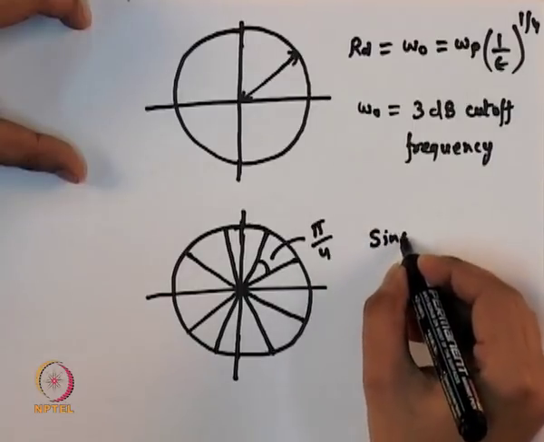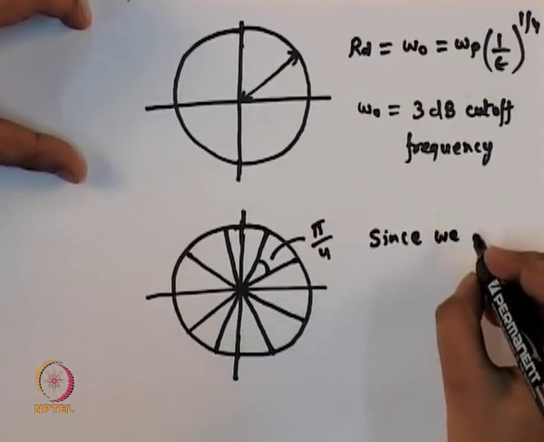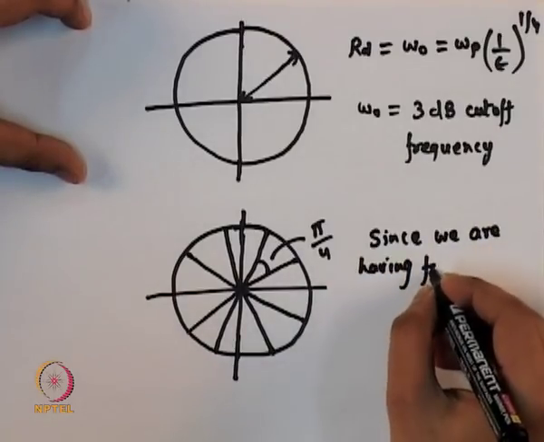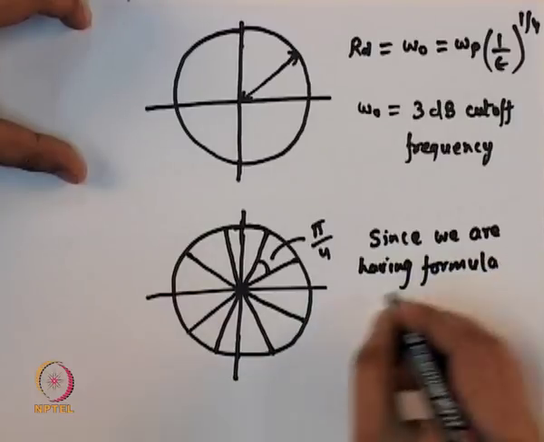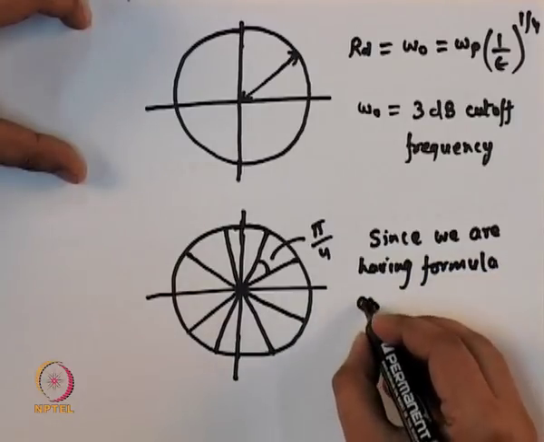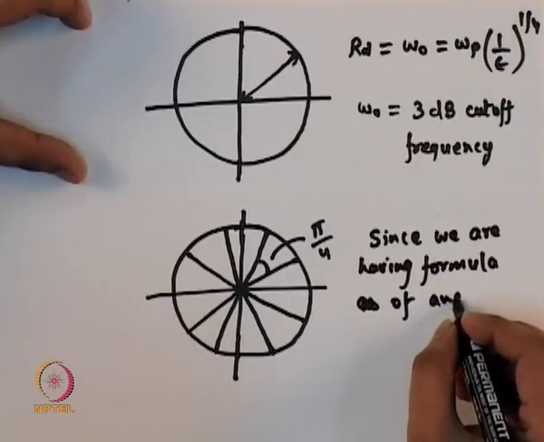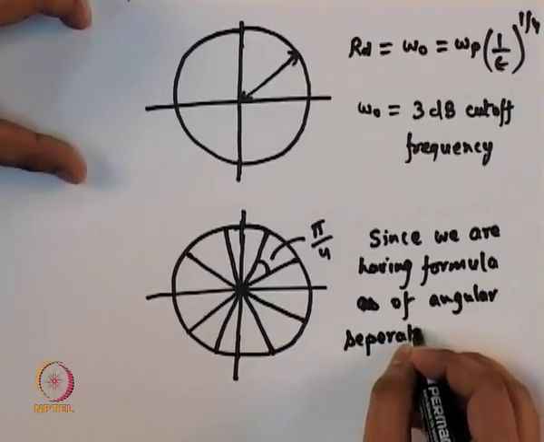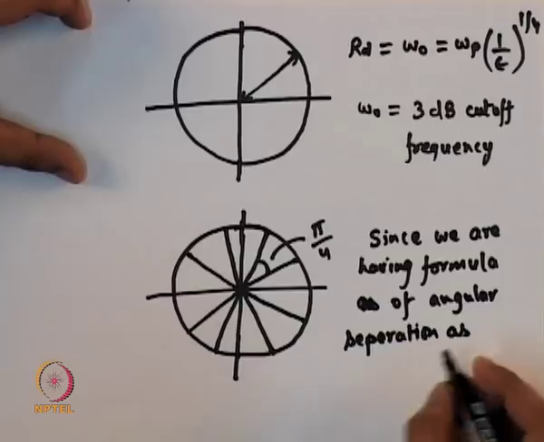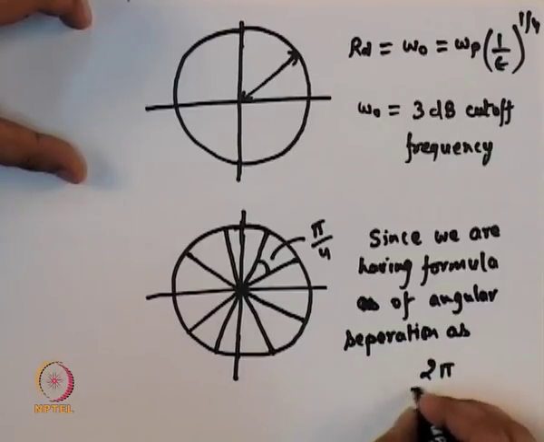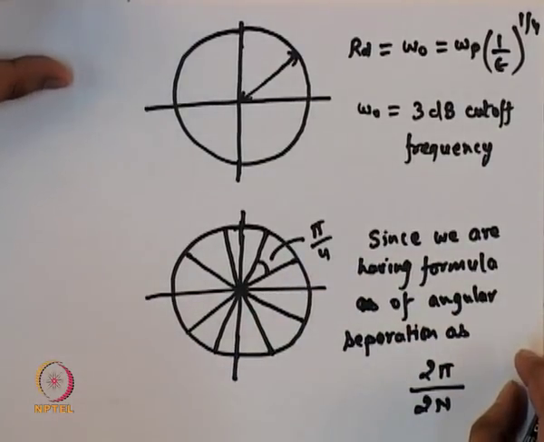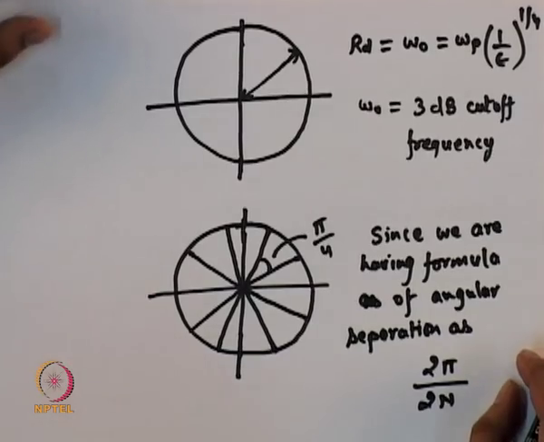Since we have the formula of angular separation as 2 pi by 2n, pi by 4 is the angular separation between two poles in this case.